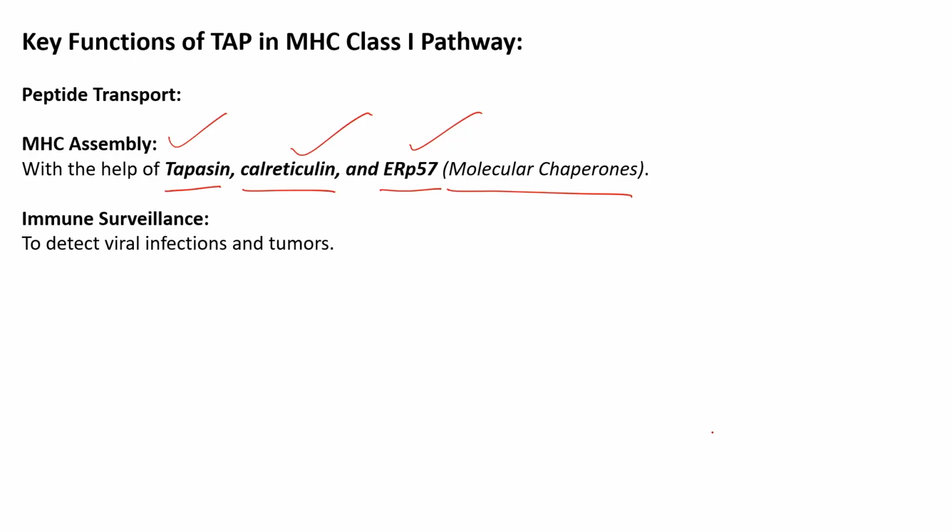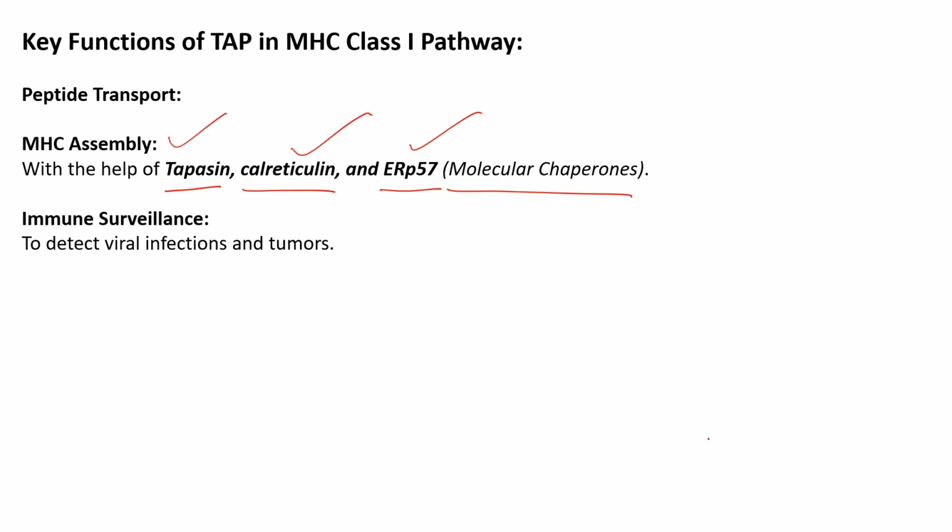And finally, the immune surveillance, because it can detect the viral specific infection and the tumor specific protein presentation. So these TAP proteins are very important when it comes to MHC1 specific biology of the pathway.